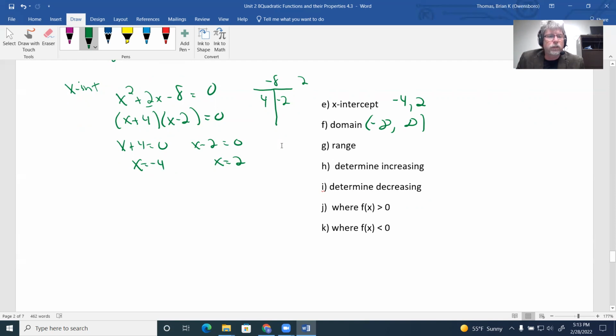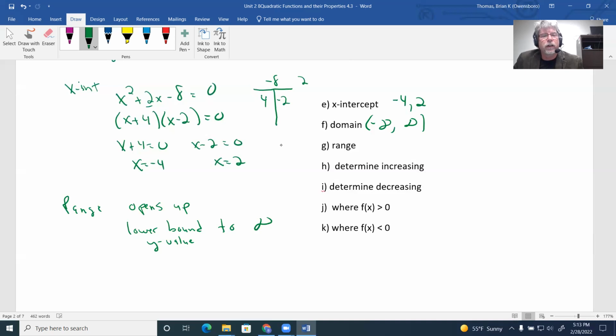to determine the range, what we pick up on is the graph opens up. Since the graph opens up, the range is going to be the lower bound to infinity. And remember, we're talking about y values here. The y value of the lower bound is the y value of the vertex.